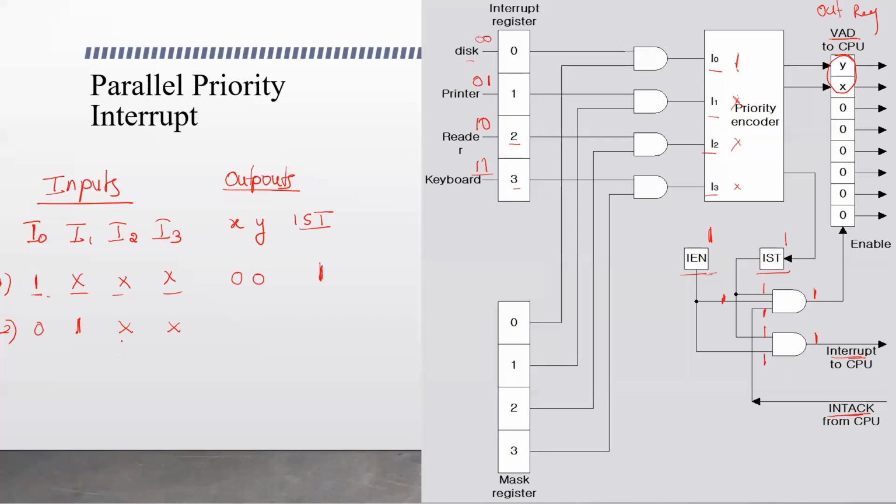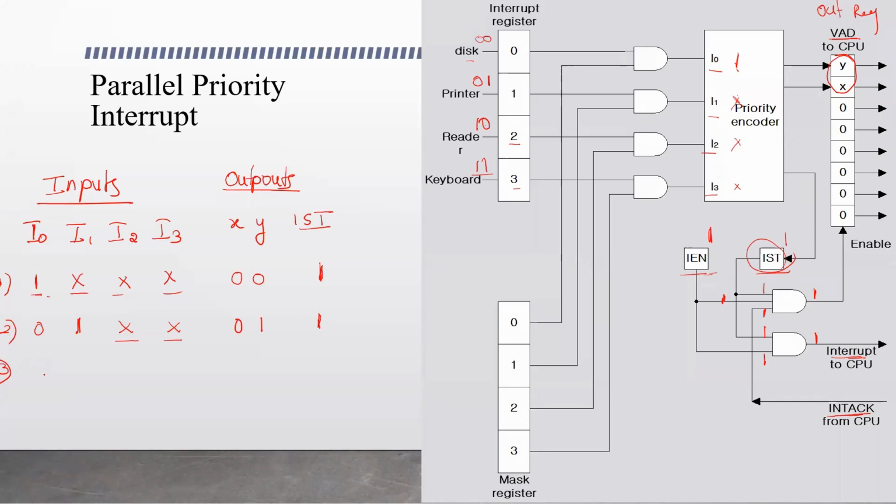The priority encoder will not consider the interrupt status of bits I2 and I3. It generates the output 0, 1 to serve device 1. Device 1 is the printer, and interrupt status would be 1, meaning that there is an interrupt request.